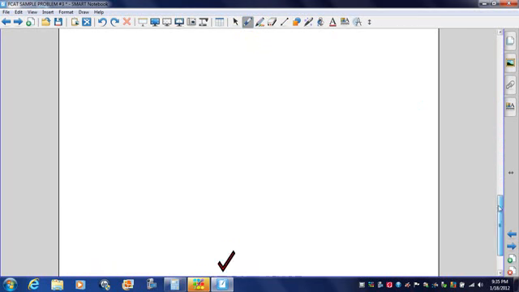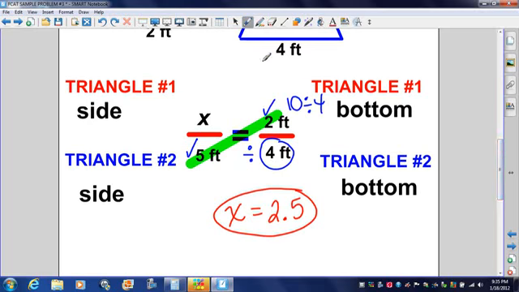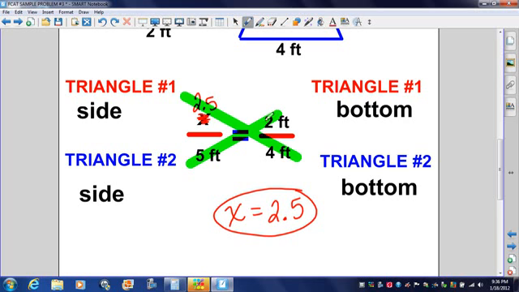Now, last thing I'm going to do is I'm going to check my answer, and you should check your answer. How can you check your answer? Easy pleasy. We said that X is 2.5, so I'm going to substitute, plug and chug, 2.5 in for X. And I will cross multiply this way.